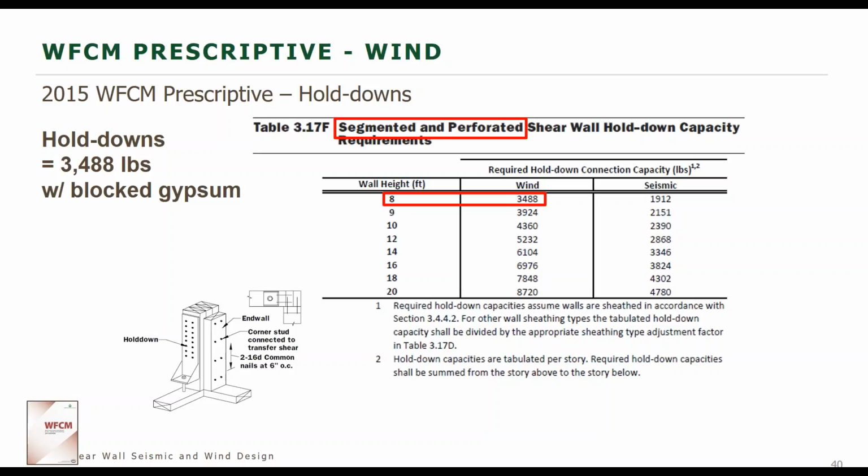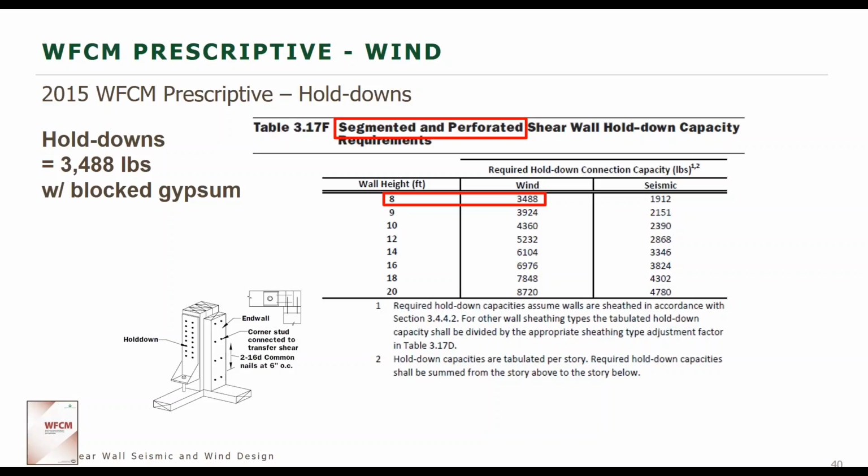Okay, good question. I did mention something, but I didn't expand on that. The wood frame construction manual prescriptive approach does not assume any dead load to resist that uplift, just because there are so many variations in the layout of the building.